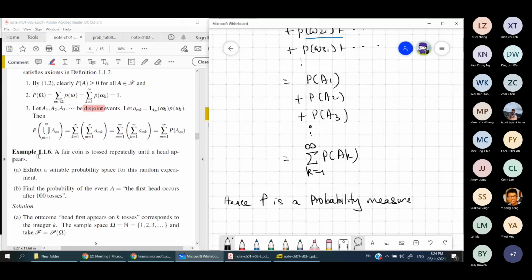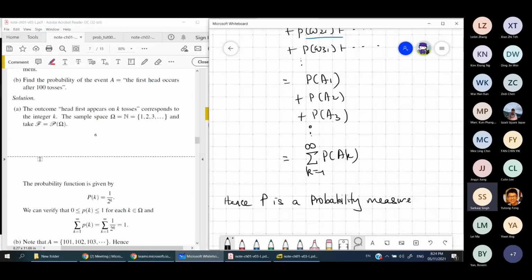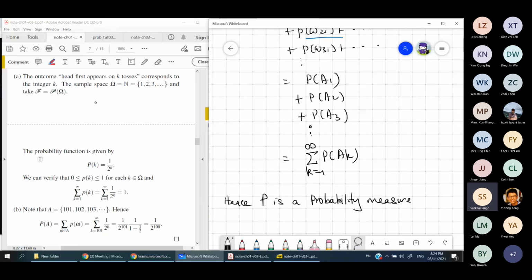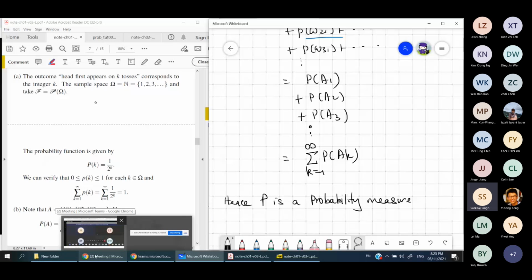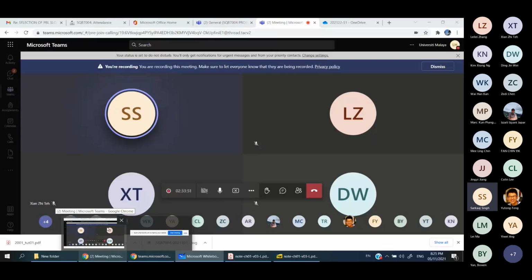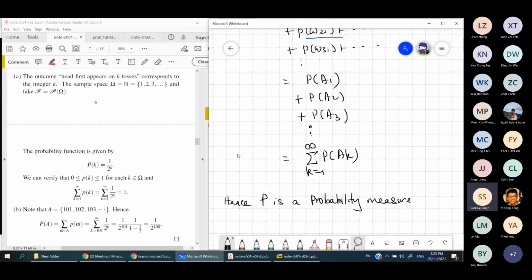So again, these examples have been discussed already, right? Question. Is the CDF of a normal distribution a probability measure? Come again?